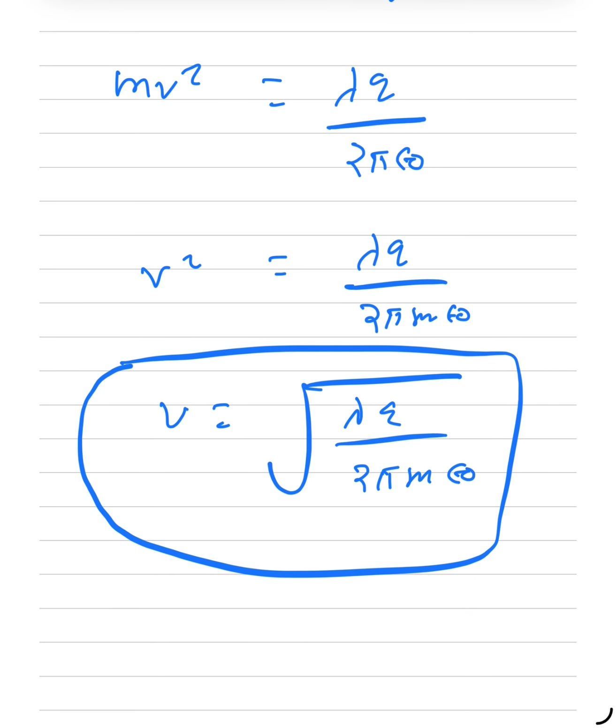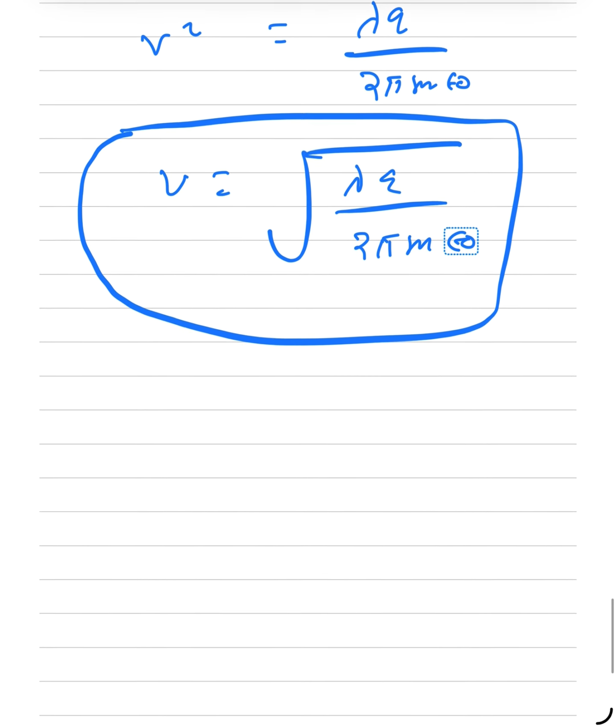This is the speed of the alpha particle when it moves along the circular path around the uniformly charged infinite rod, as given in the problem.